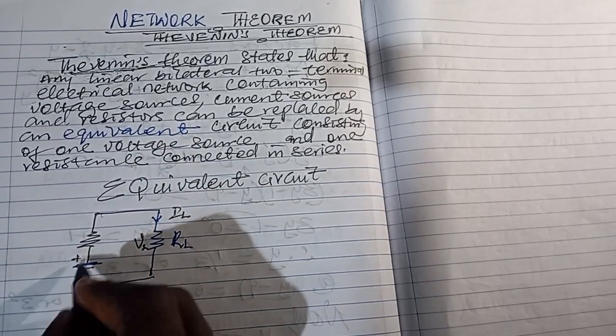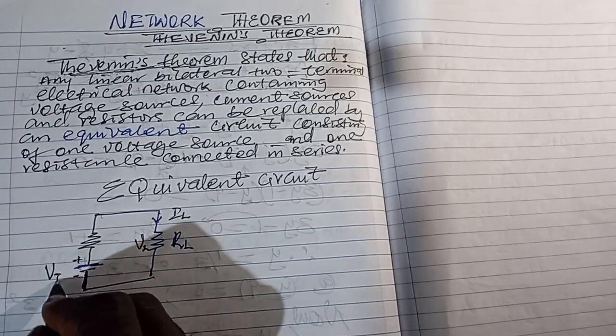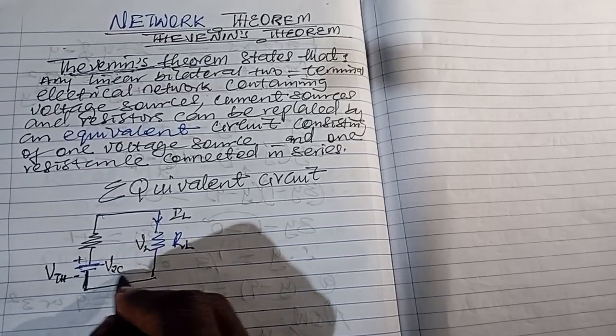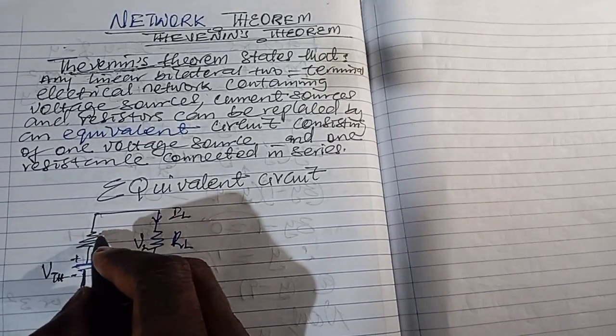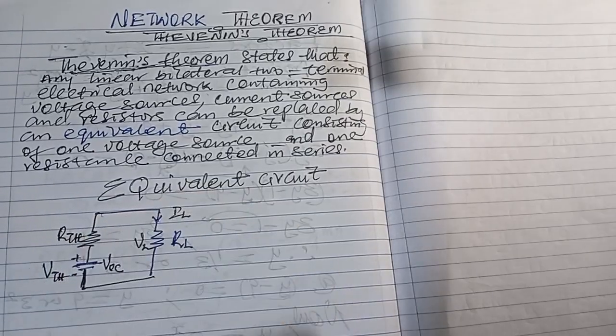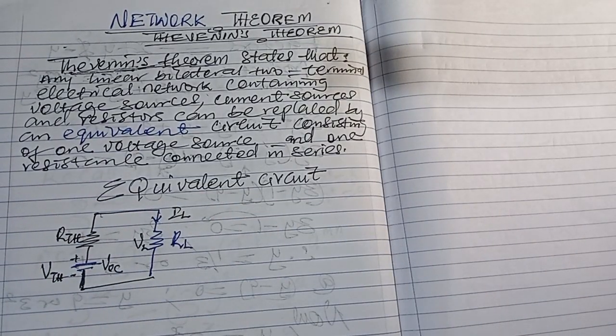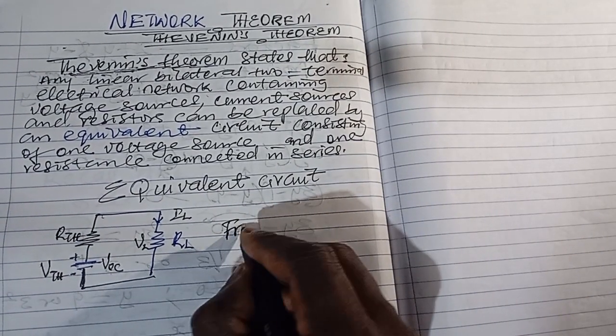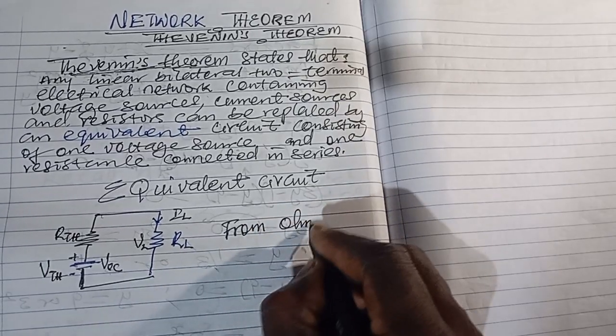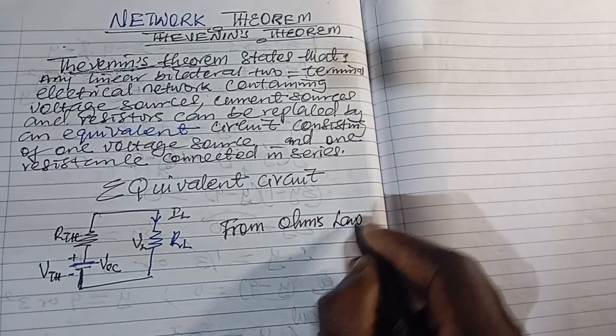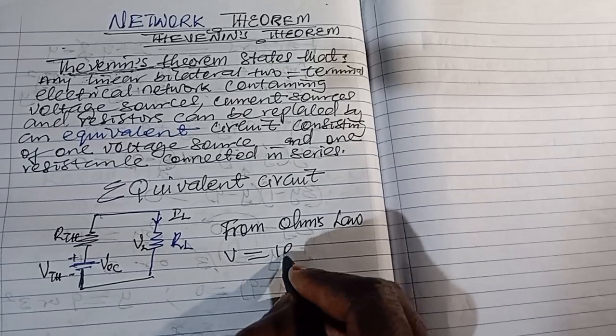Remember, this is our VTH, or you call it VOC, open circuit voltage. Then this is RTH. Good, this is IL. Now, from Ohm's law, recall V is IR.